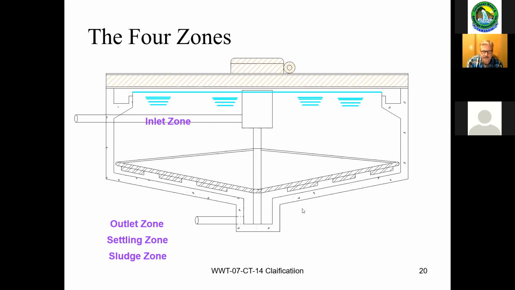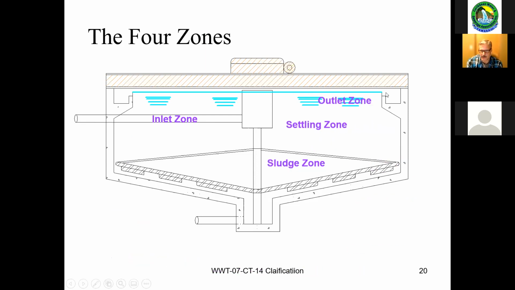So any clarifier has an inlet zone, which is how the flow is getting into that tank. Your outlet zone, typically going across the sawtooth weirs that we were talking about. Then you have a settling zone and the sludge zone. So if you were asked on an exam, what are the four zones of a primary clarifier, those are the types of answers that they're looking for.